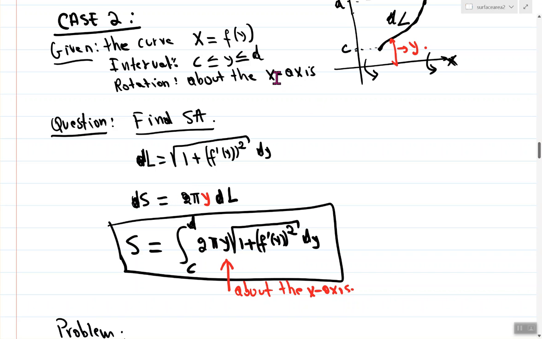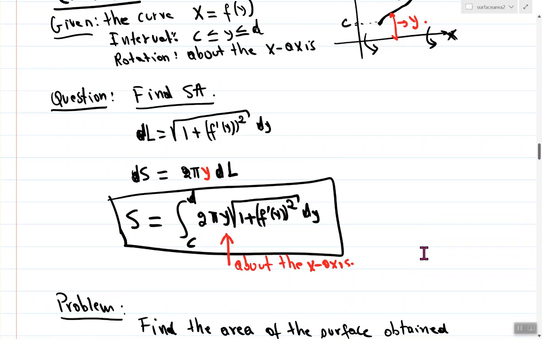The rotation is with respect to the x-axis, so the circumference is 2 pi times y. So here we keep 2 pi y, and then times the arc length element, which is in terms of y. Therefore the integral is going to be from c to d. That's where the given interval is that y is between c and d.